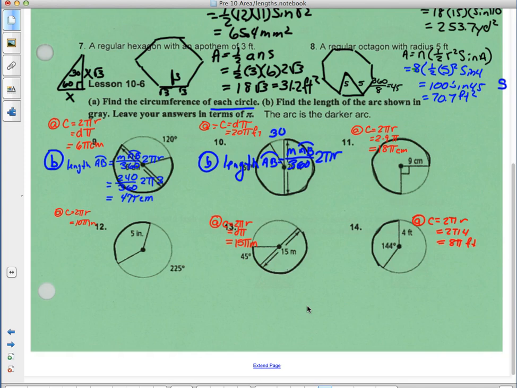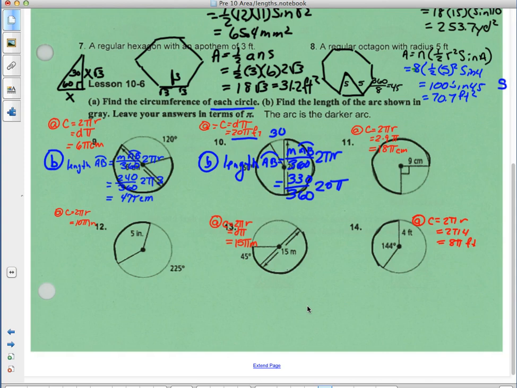In this case, we already found my circumference. So I'm going to be looking at 330 over 360, and we got 20 pi we're working with. That's my circumference.